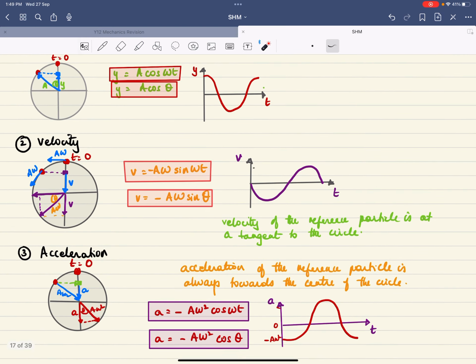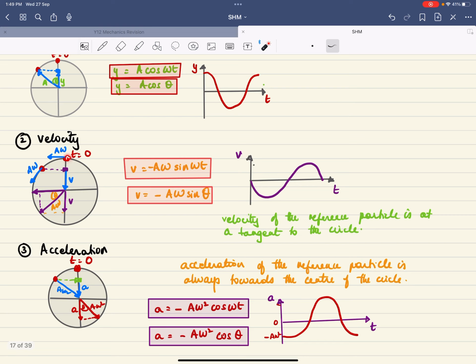Looking at velocity, now velocity is 0 at the end position, and it's a maximum at equilibrium, and the velocity of the reference particle is always a tangent to the circle because it's going in circular motion. So you're looking at the velocity of the reference particle at this point and after some time over here.